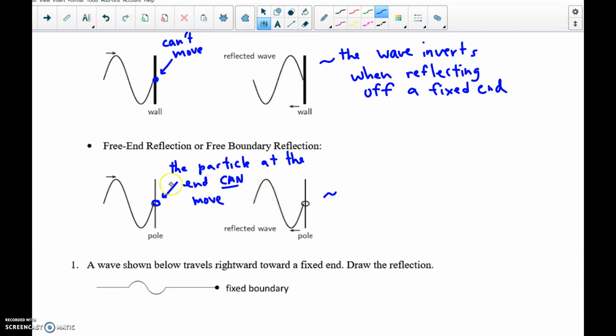The wave reflects and has the exact same shape. The wave reflects and doesn't invert. It stays upright, you could say. It just doesn't flip.